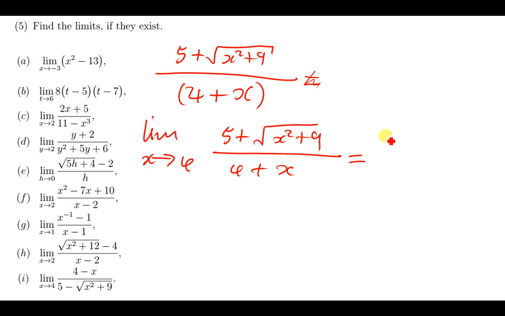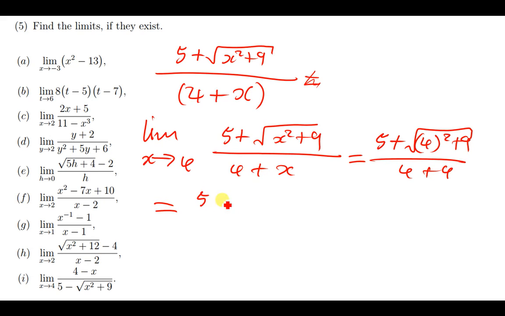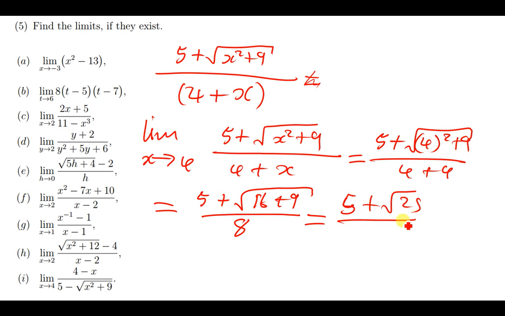So we have 5 plus the root of, we put 4 there, so this will be 4 squared plus 9, over 4 plus 4. So the answer here will be 5 plus the square root of 16 plus 9, everything divided by 8. 16 plus 9 will give us the square root of 25, and here we have 8 down.